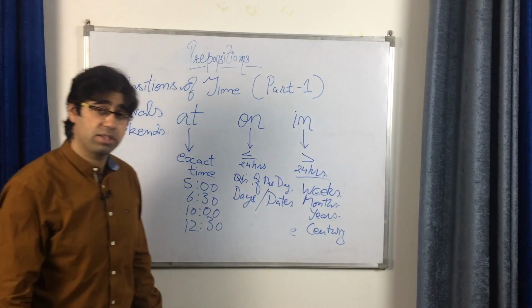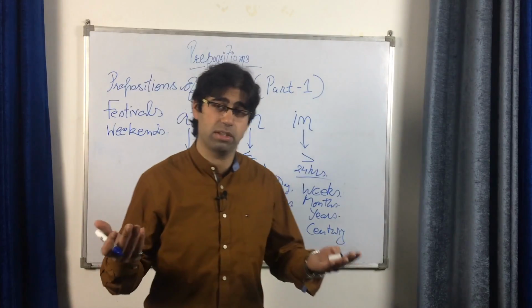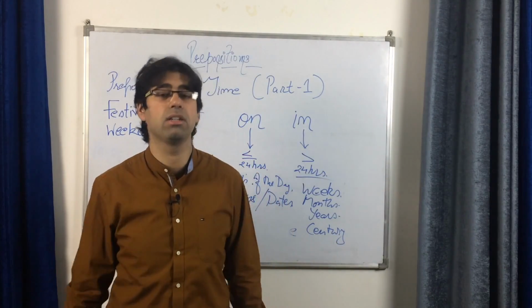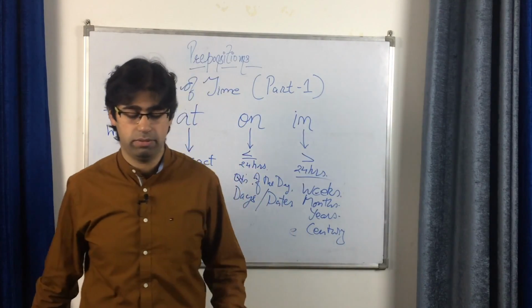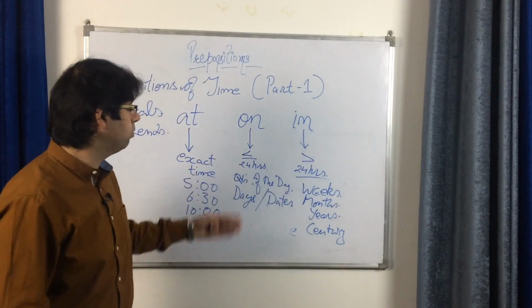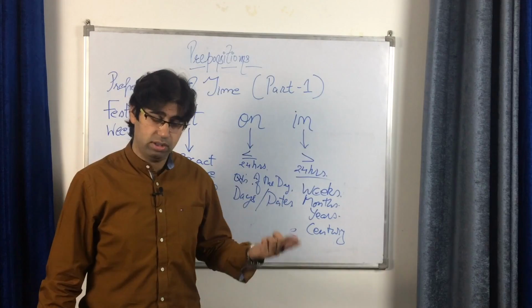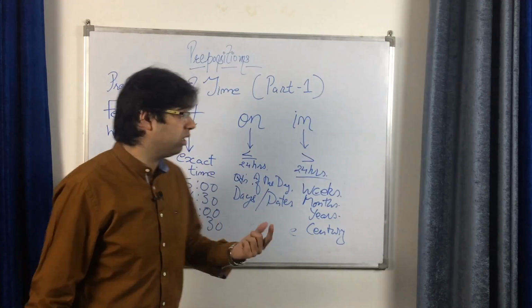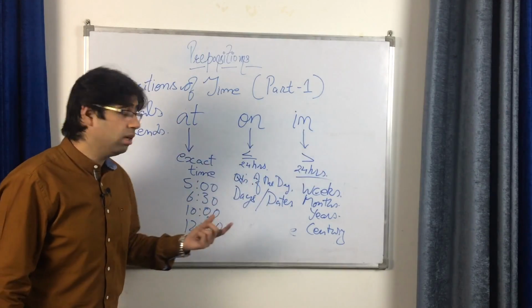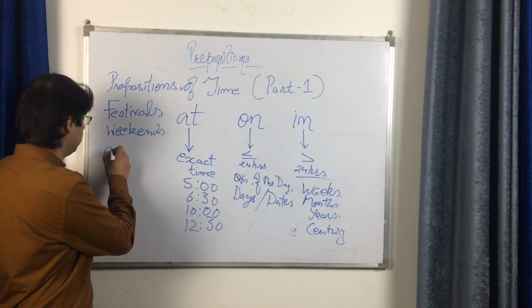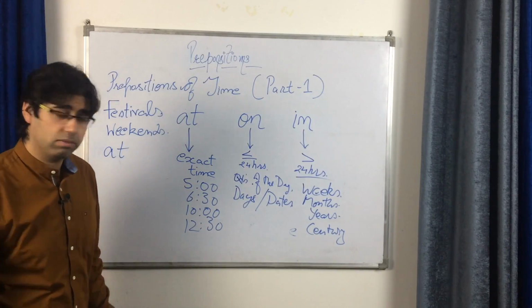Now, if you think of a festival, how long does a general festival last? It lasts, yes, you're right, it lasts for 24 hours. So if it lasts for 24 hours, according to this rule, it should fall under on. Sadly, it does not. This is something that you have to memorize, all right? Whenever you're mentioning a festival, please make sure that you use the preposition at, right?